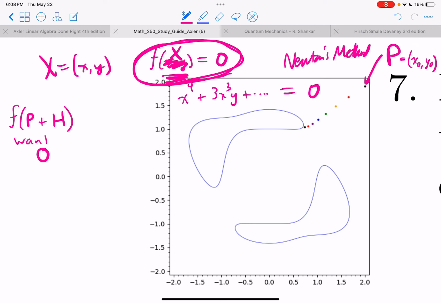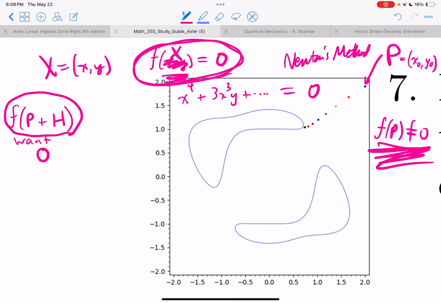If we just guess p randomly, unless we're super lucky, f of p is probably not 0. So how do we move to make it 0?